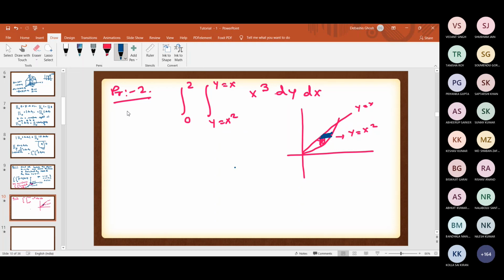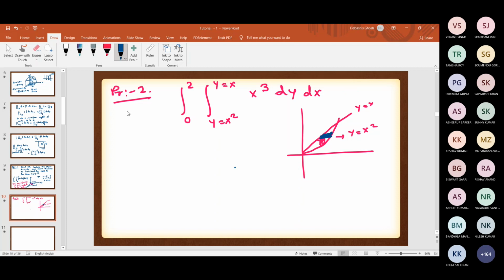That iterated integral, I think you have solved many when you did the area under the curve. There we considered a single integration, single variable. Here we are considering multiple variables.